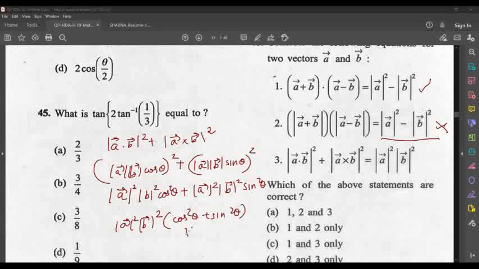That is 1, so I get A square B square. That equation is also correct. So 1 and 3 are correct, 2 is wrong. So which is the option? Option C, 1 and 3 correct. Let's just go through this.